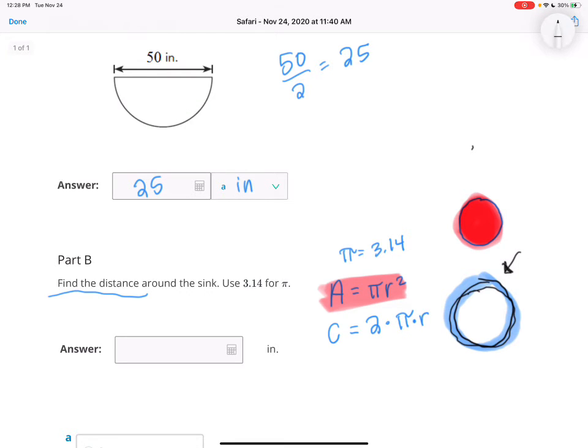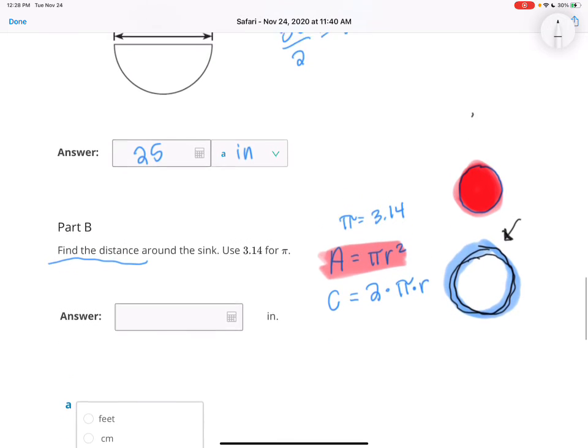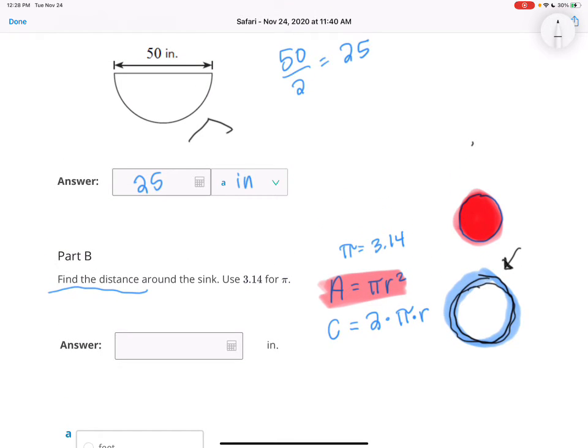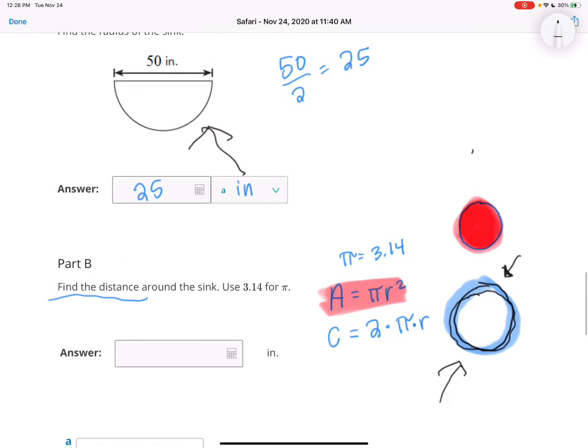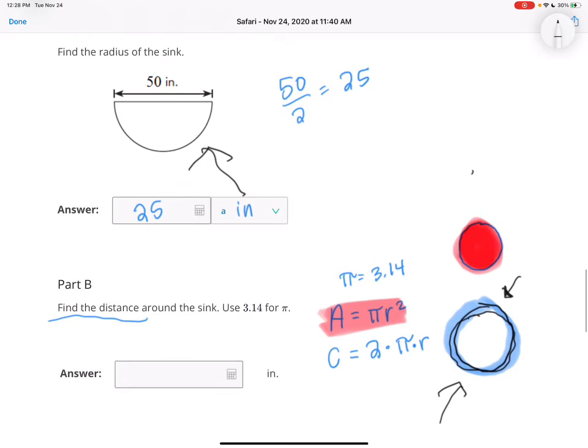So, but there's a catch to this. What's the difference between this shape right here and this shape? What's the difference? And please don't judge my artwork, guys. Not bad, it's a little bit more squiggly. The difference is that one's a half a circle, one's a whole circle, okay?